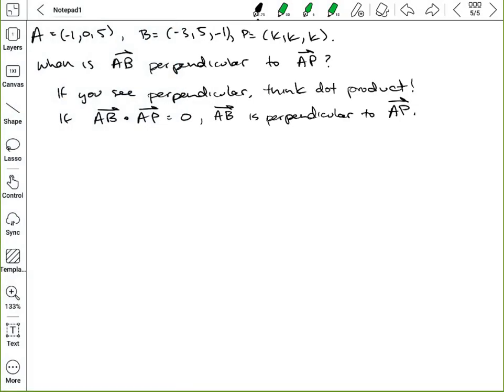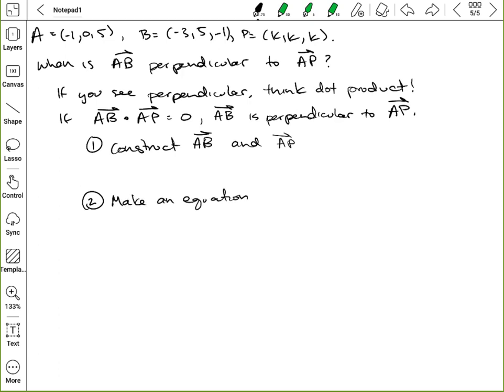So then we can construct AB and AP, make an equation for the condition that they're perpendicular, and then solve for K. Those are the 3 big steps.